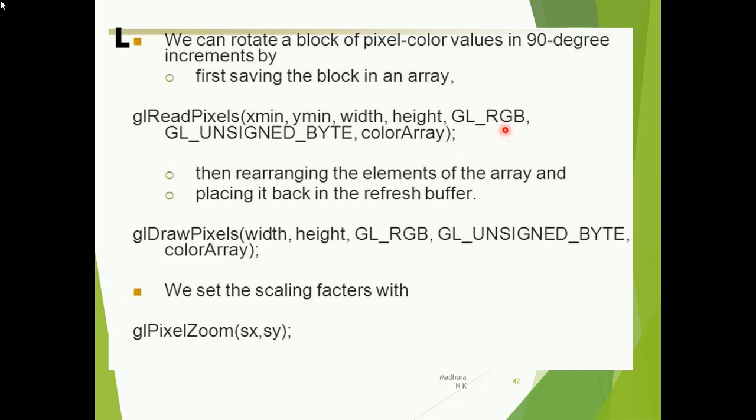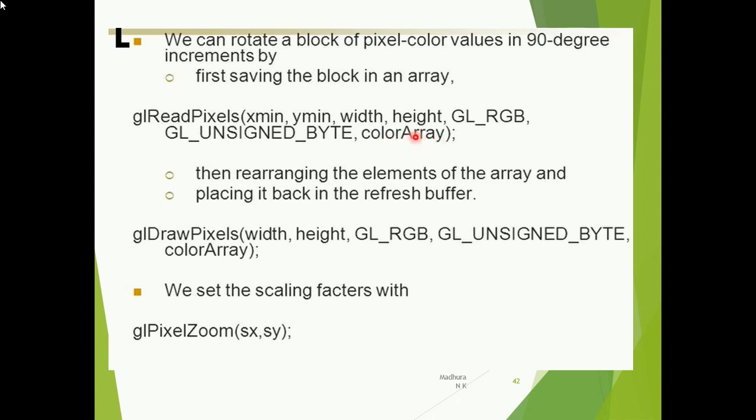So the color information is GL_RGB, and the type is GL_UNSIGNED_BYTE, and the color array. If you specify a color array, that means you are creating an array of pixels.